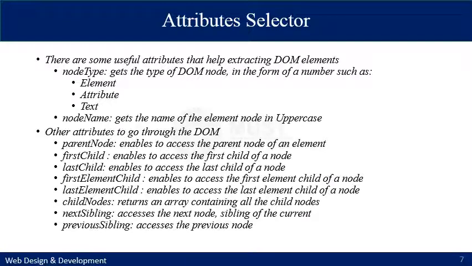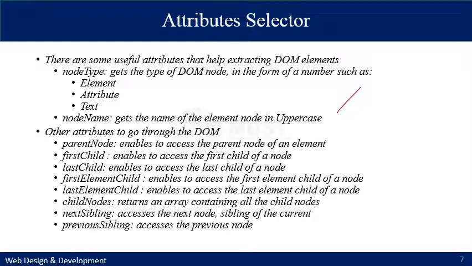So you can also use the attribute selector to select the list of elements. There are some useful attributes that help extract DOM elements. Commonly, nodeType gets the type of the DOM node in the form of numbers, such as element, attribute, and text. And nodeName gets the name of the element in upper case.